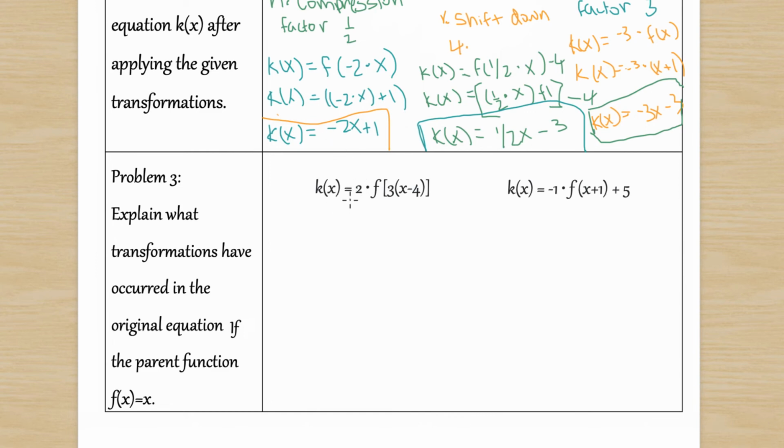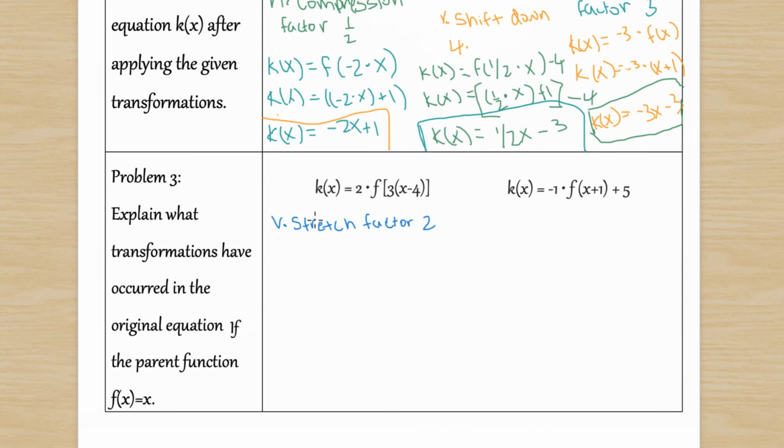So over here, the first thing I see that's affecting this is the 2 that's being multiplied by the entire f. So that 2 right there signifies that there is a vertical stretch by a factor of 2. So the next thing I see is that 3 that's being multiplied to the entire x minus 4.